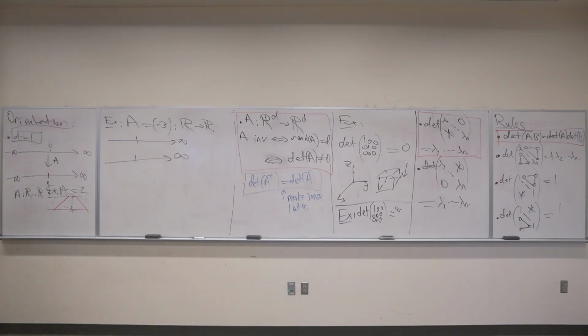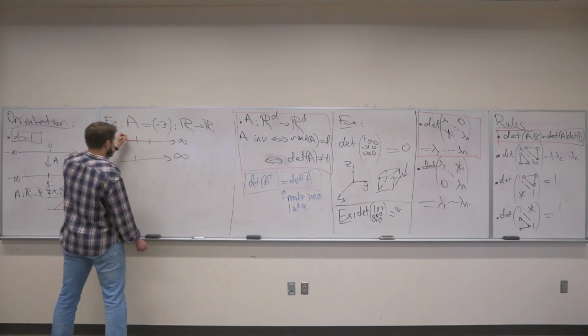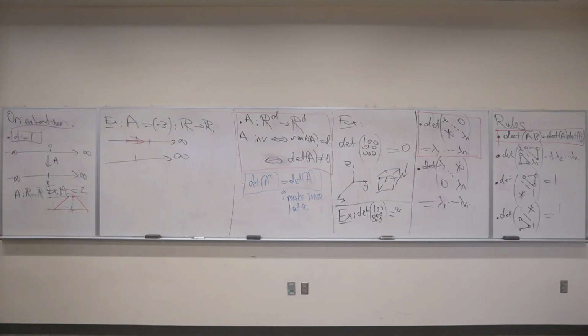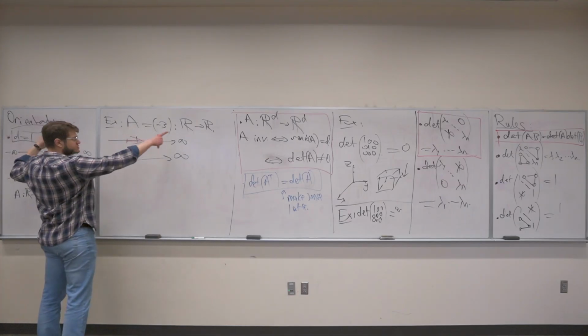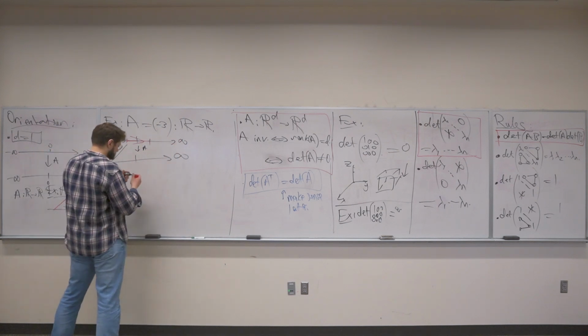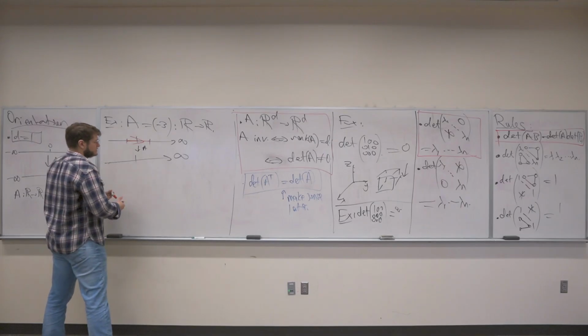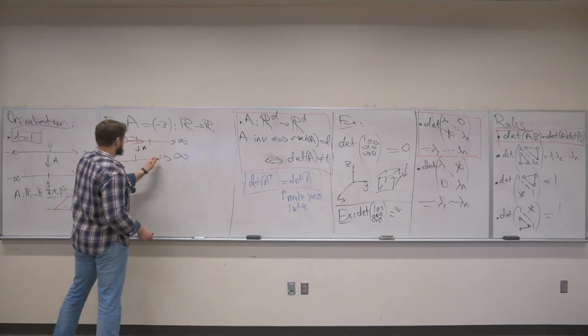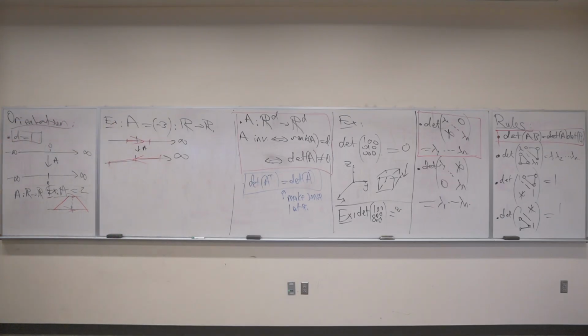So this time, if I were to look at this small line segment, like so, say in this direction, and if I were to apply A to it, now it's going to be stretched by a factor of 3, and you're also flipping. So you're changing the orientation, is what you would say.